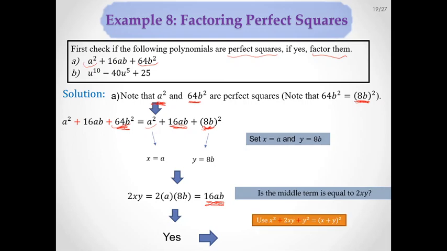If yes, then it means we have this type of trinomial, and its factoring is indeed x plus y squared. So we know x is a and y is 8b. Then we will have a squared plus 16ab plus 64b squared is equal to a plus 8b squared.